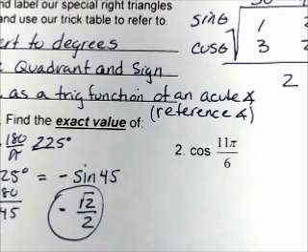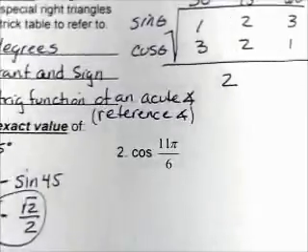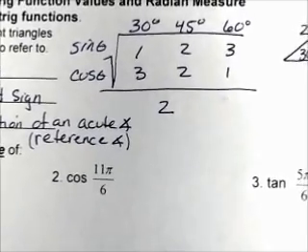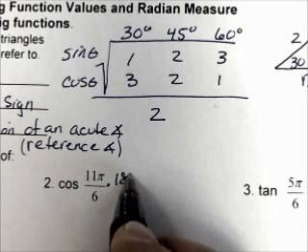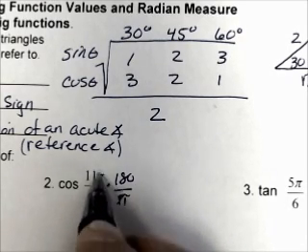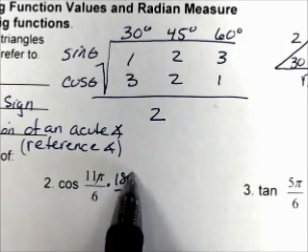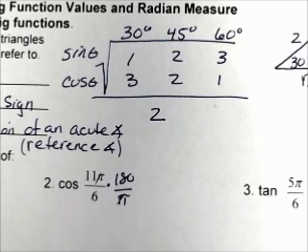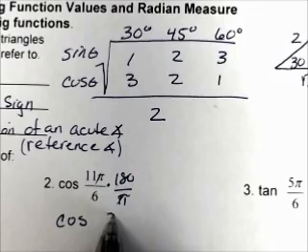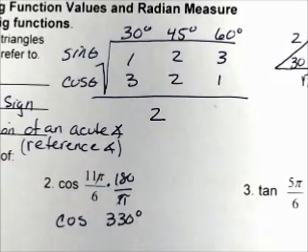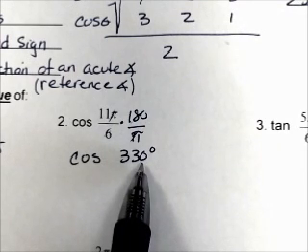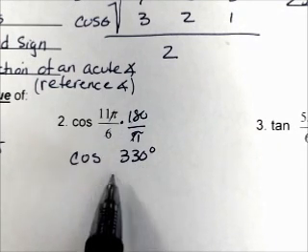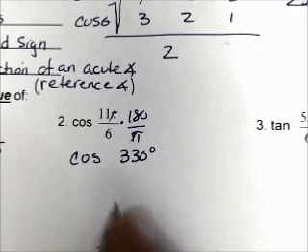All right, next, number 2, cosine 11 pi over 6. We'll convert to degree measure, multiplying by 180 over pi. And these will divide out. I know 6 goes into 180 30 times. 30 times 11 is 330. So this is equivalent to cosine of 330 degrees. A 330 degree angle, terminal side, lies in what quadrant?